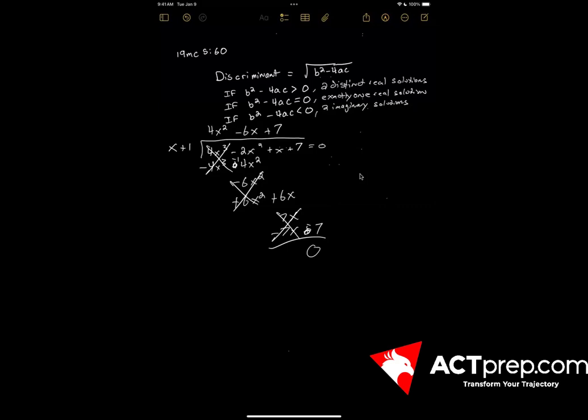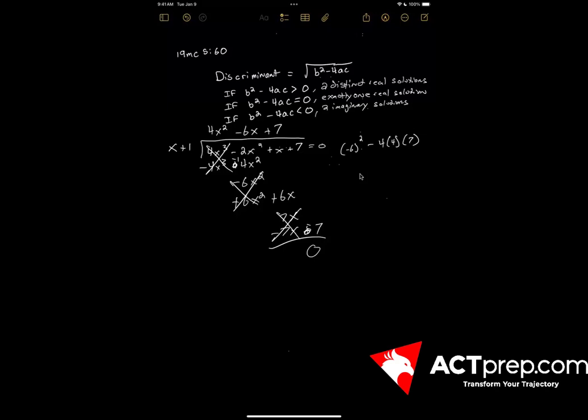So the discriminant formula is the square root of b squared minus 4ac, but you're just using the b squared minus 4ac section of it. So b is going to be -6, and our a is 4, and our c is 7. All right. So I've written on the screen how to use this formula.